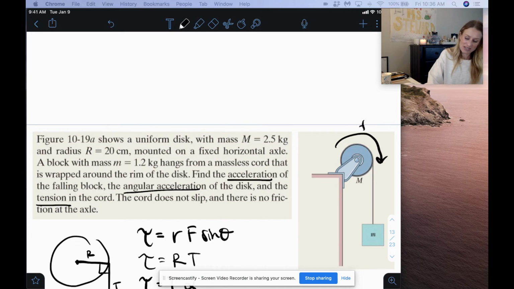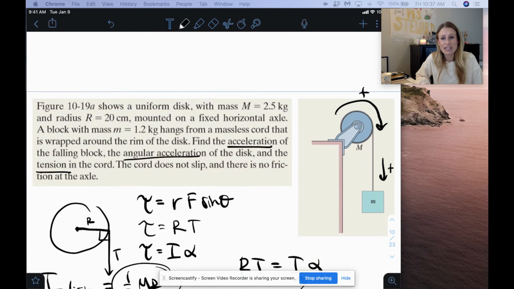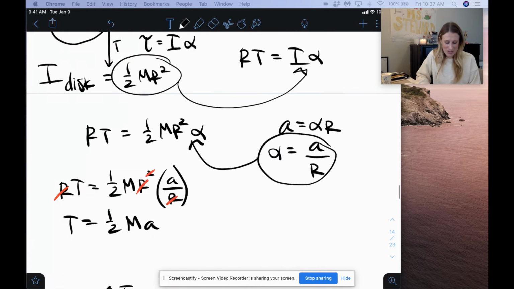So what I'm going to do here is call that rotation, which is clockwise, positive, and I'm going to call down positive. So here I'm just keeping these things consistent. You could call down negative and the rotation direction negative just to keep that sign consistent. But again, it doesn't really matter here as long as you keep everything consistent.